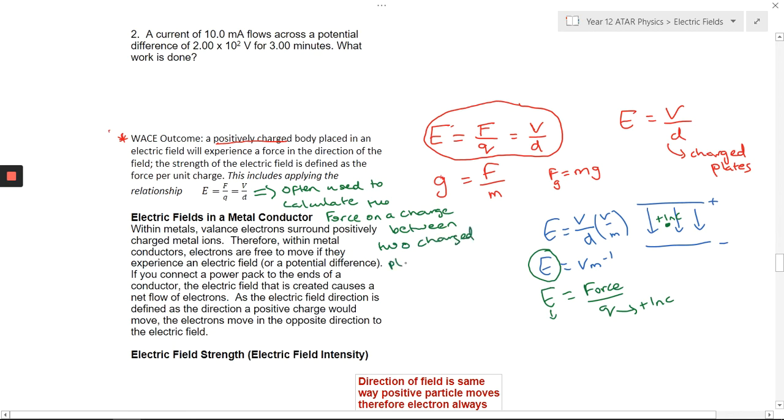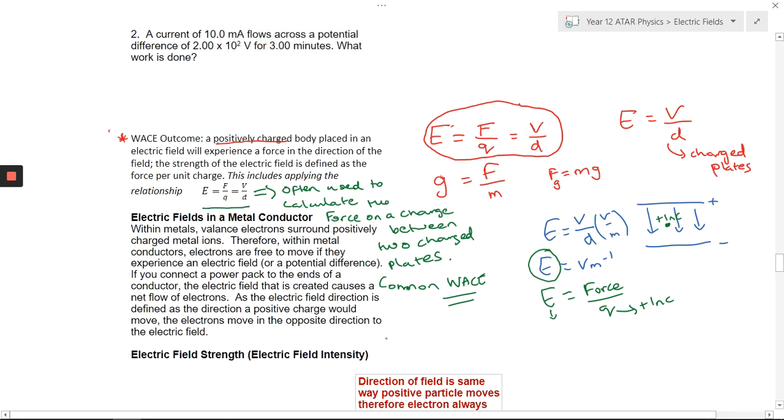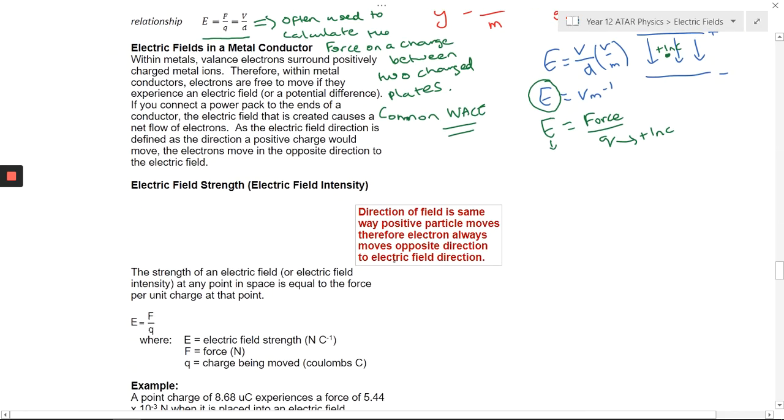This is a common question in the WACE. It's quite a common question because it requires you to use a couple of formulas and that equation there.